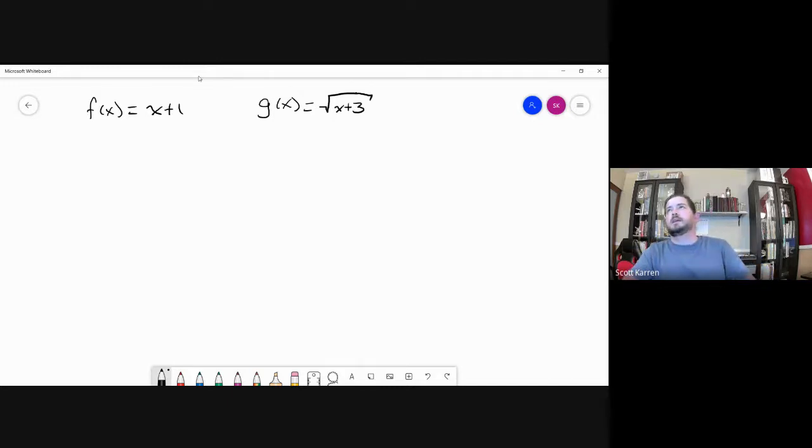Okay. Now, I want to find each of those things, so I'm going to find f plus g of x. So that one's pretty easy. It's just these two things added together, x plus 1 plus that square root of x plus 3. And I can't simplify, so it's just that.